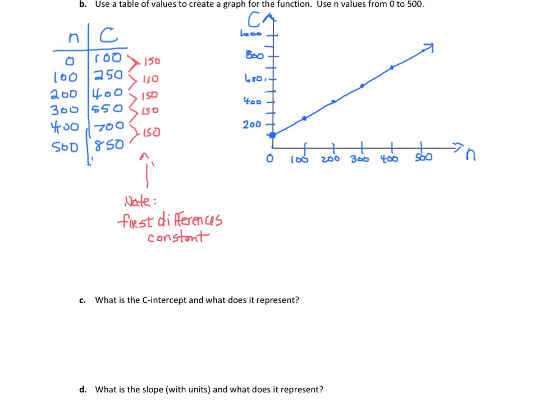Now it says, what is the c-intercept? That would be like your y-intercept. It's just that on the y-axis we have cost this time. And what does it represent? The c-intercept would be where your graph crosses the y-axis. So that point here would be 100.